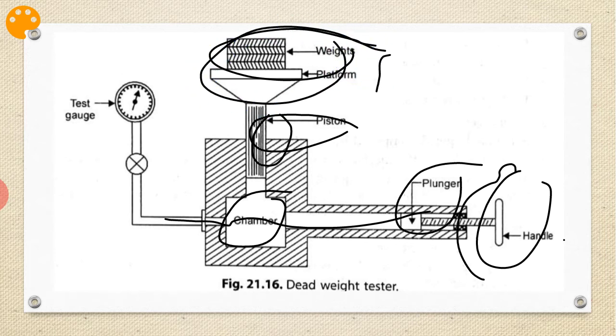Consequently, the pressure is exerted on the oil and transmitted to the gauge, deflecting its pointer. In order to get the desired setting of the gauge pointer, the weights are adjusted depending upon the desired setting of the gauge.